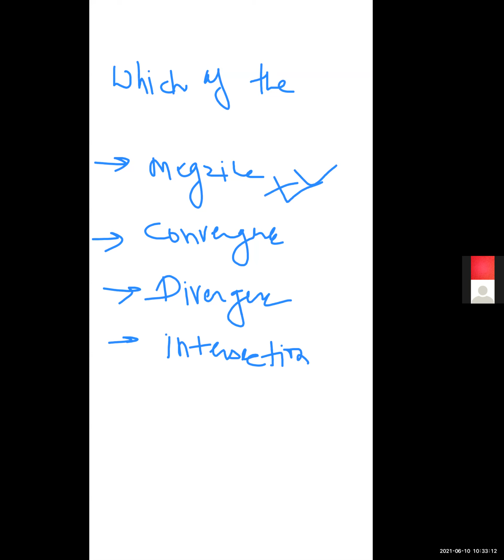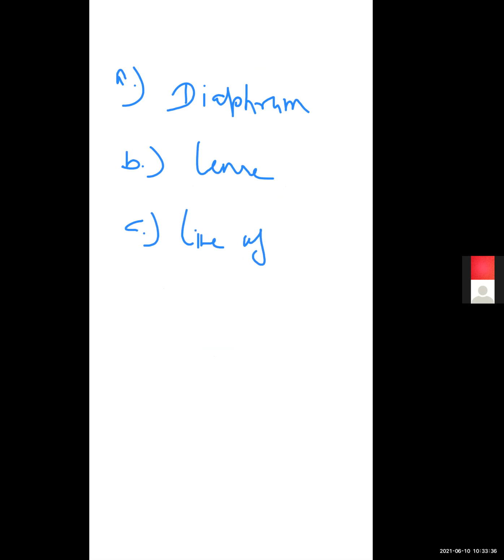Okay. So next question is, which of the following is placed in between lens elements? Option A is diaphragm. B option is lens. C option is line of sight. D option is magazine.